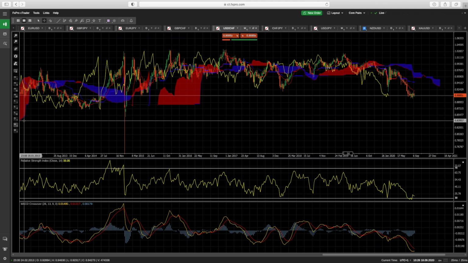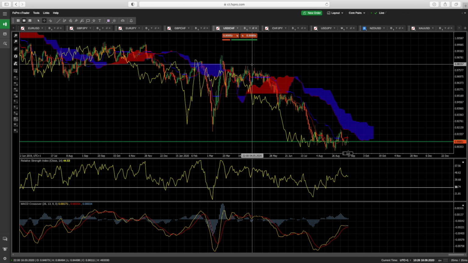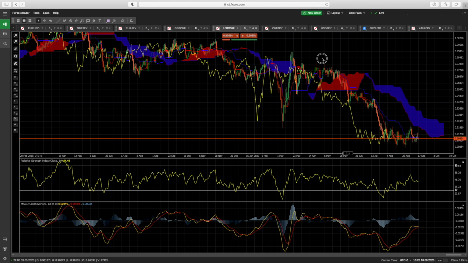Let's just then jump down to the daily, scroll the chart to the right. We are consolidated at the 0.90, 0.91, and looking down at our technical indicators, we're looking at our MACD, and we can see that there's still an uncertainty here on the direction of the MACD. We look like we kind of consolidated here.